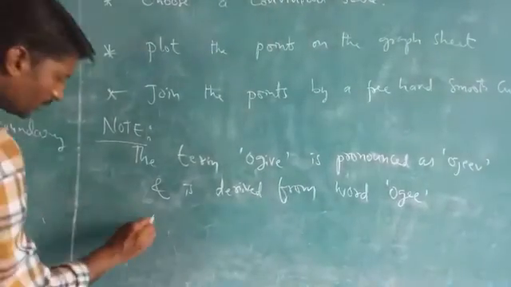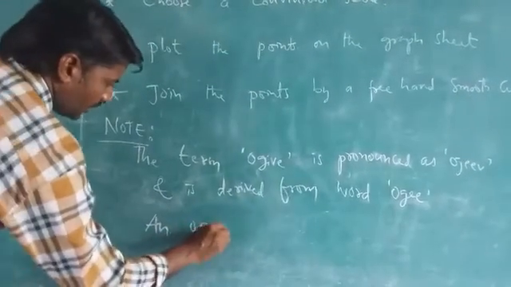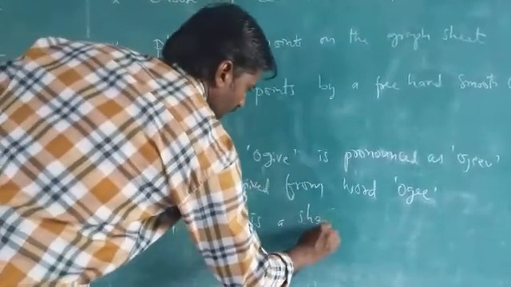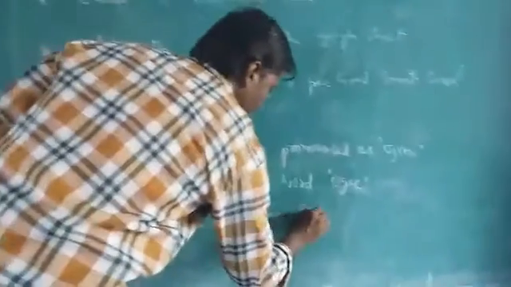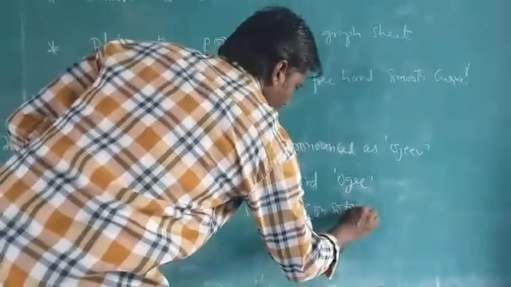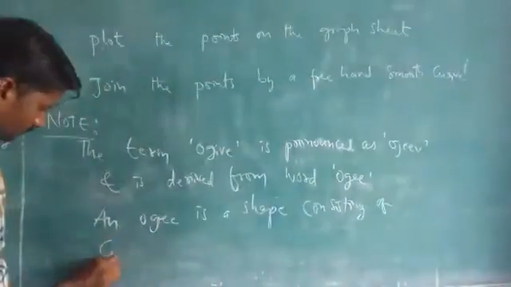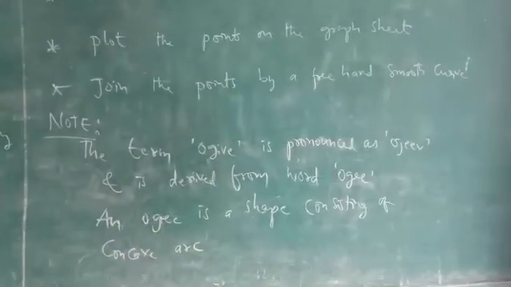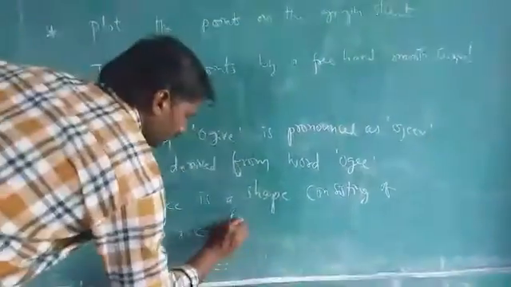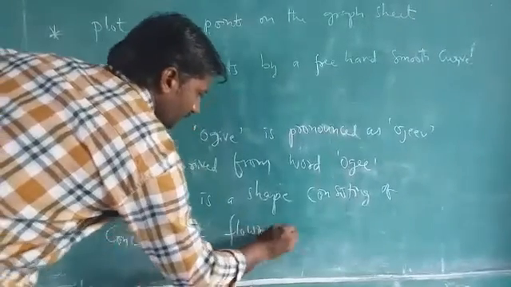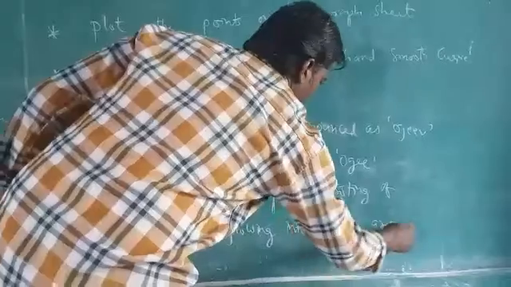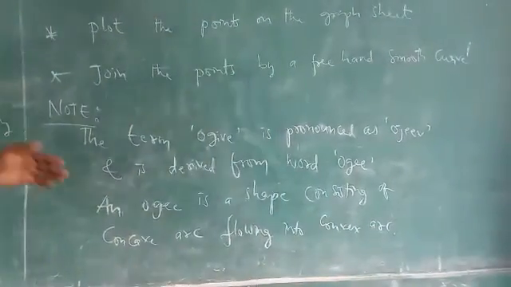What is an ogi? An ogi is a shape consisting of a concave arc flowing into a convex arc.